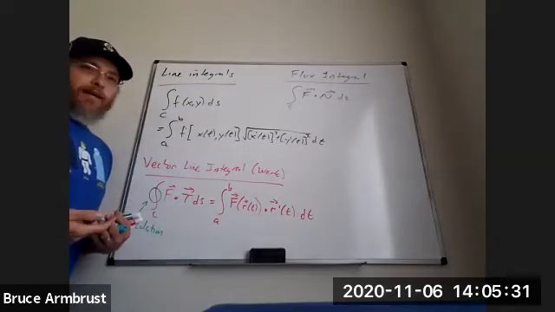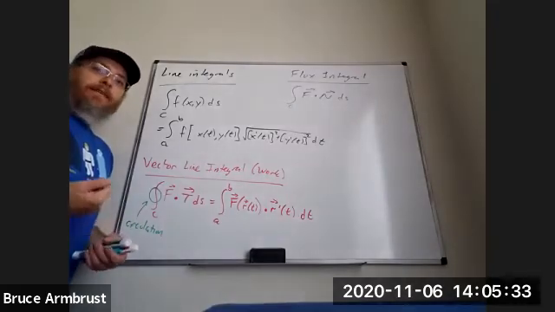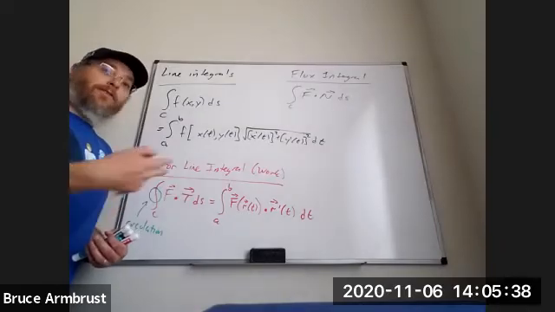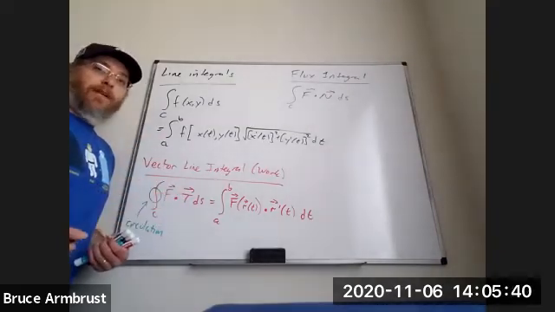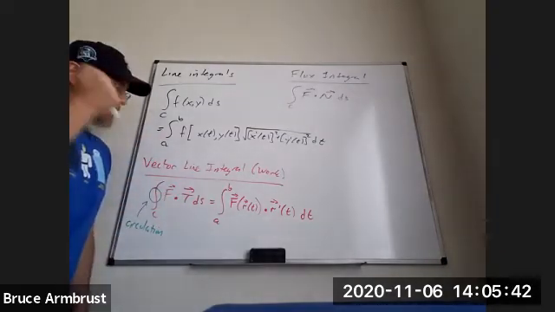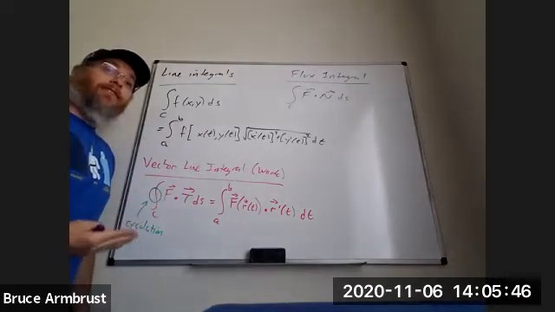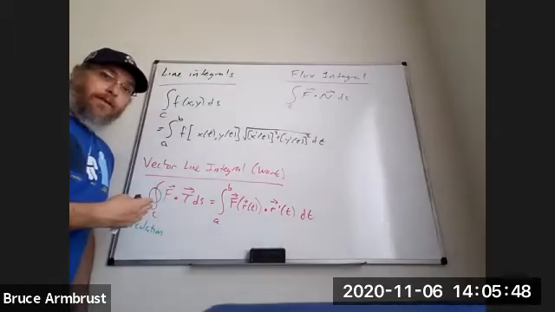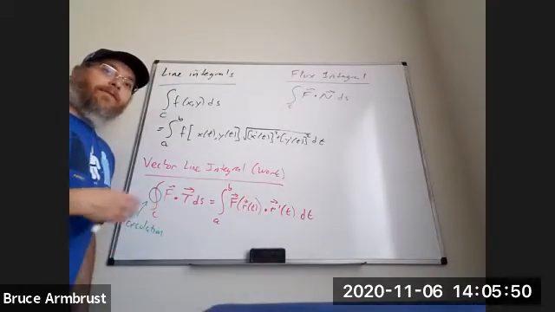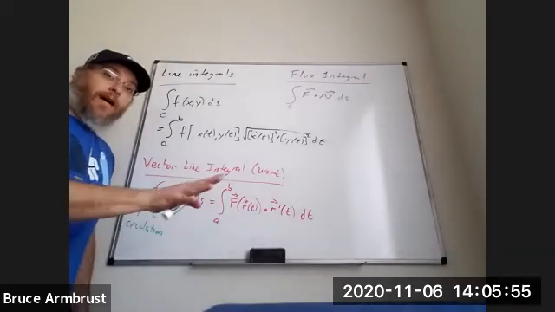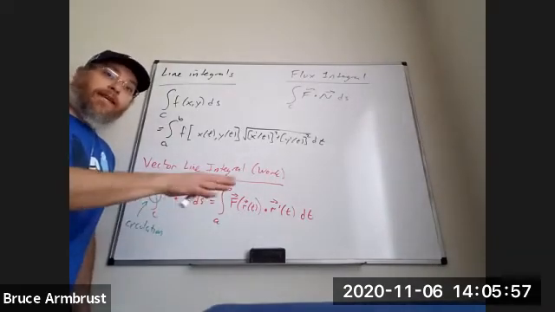So flux is a measure of flow over the curve, through the surface, whatever it happens to be. So the work integral basically tells you how much of that flow is in the direction of the path. The flux integral is saying how much of that flow is across the path, is perpendicular to the path.